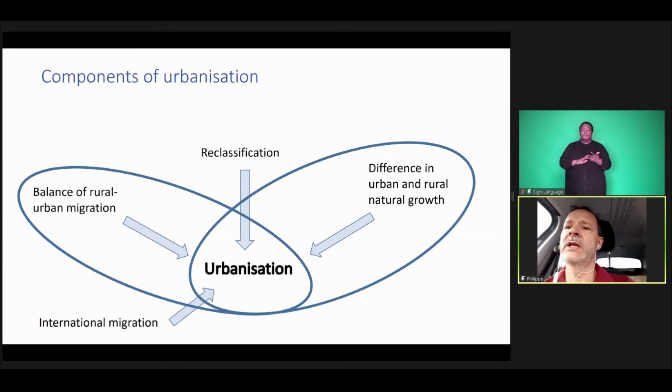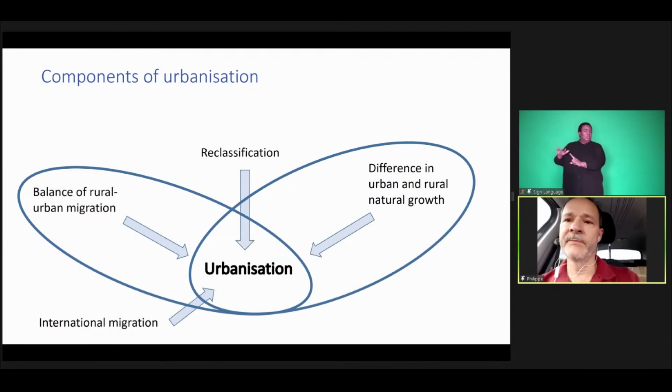The difference in natural growth means simply that the urban areas are growing faster or slower than rural areas, depending on the context and the time. There is also the contribution of international migration, because most international migrants are settling in urban areas rather than in rural areas, with some exceptions.